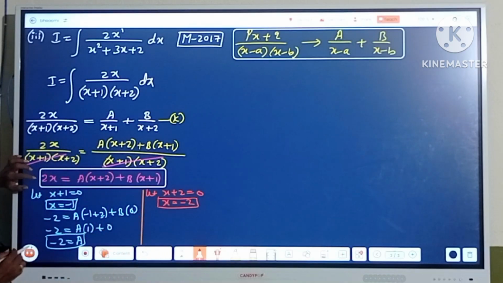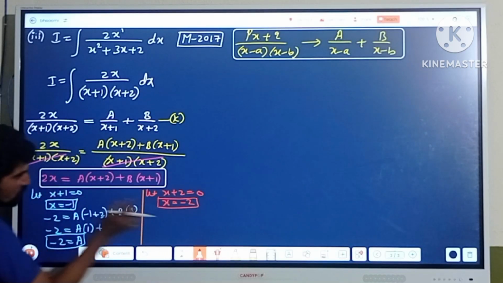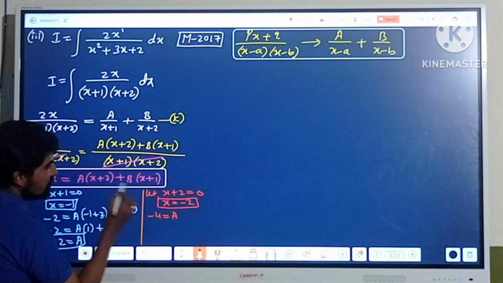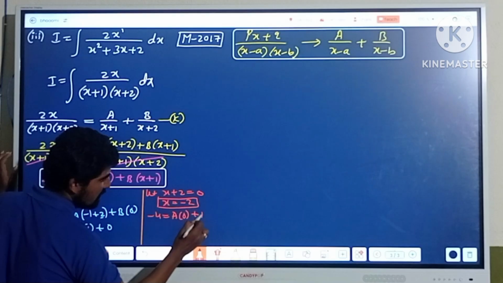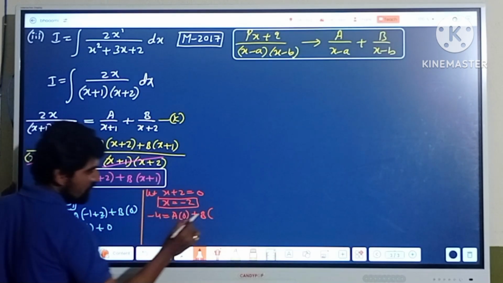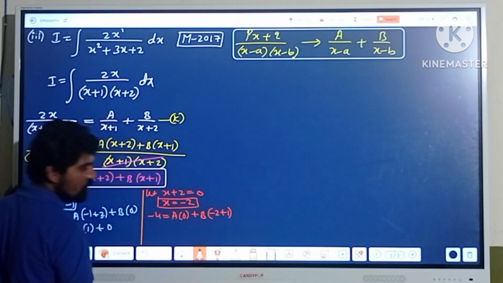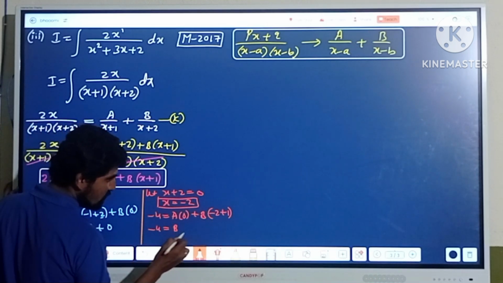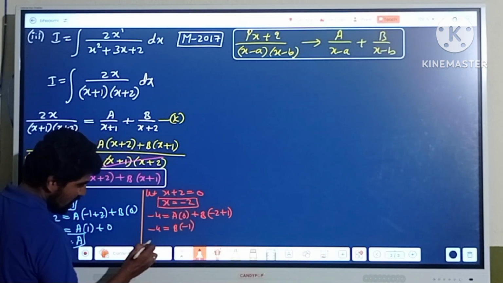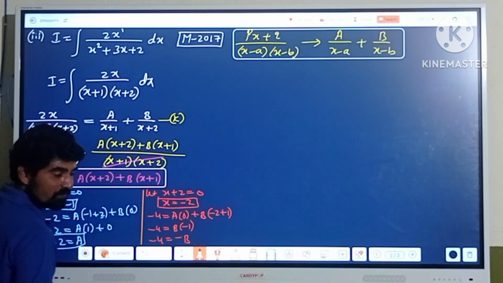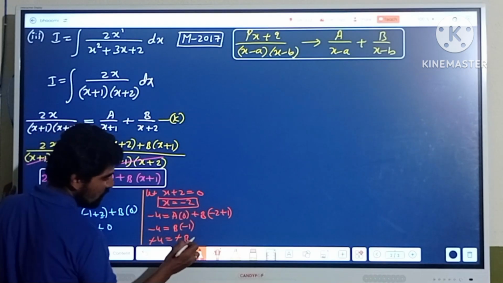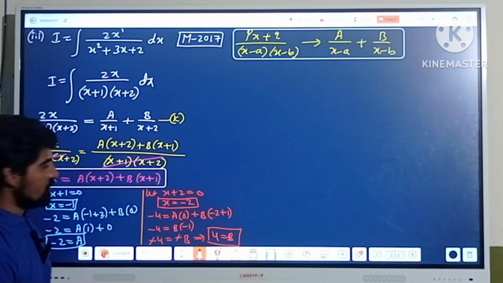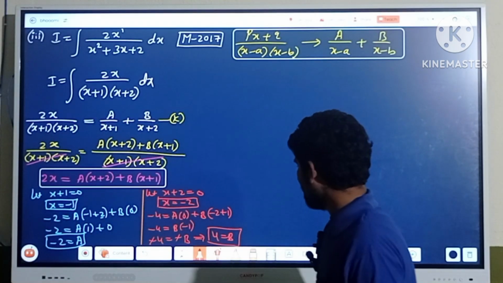So by this x, LHS, 2 into x means 2 into −2, which is −4, equals A into (x + 2) which is 0, plus B into (x + 1), meaning −2 + 1. Now −4 equals B into (−2 + 1), which is −1, which implies −4 equals −B. Cancelling the minus on both sides, we got B equal to 4. So now we got the values of A and B.